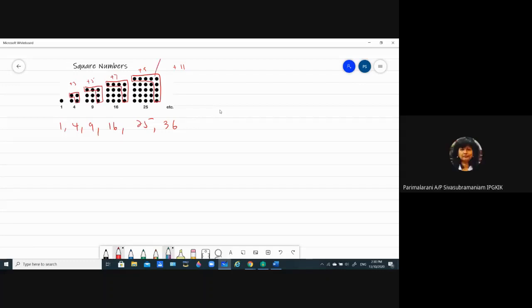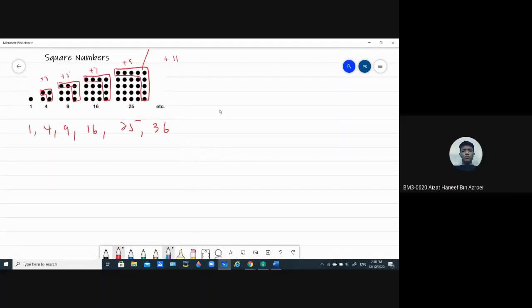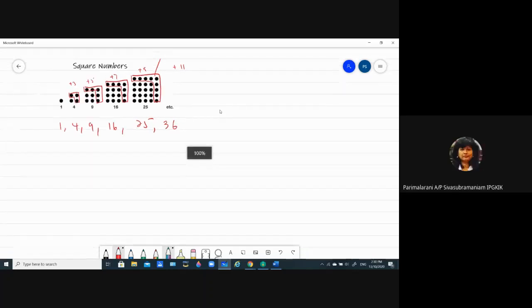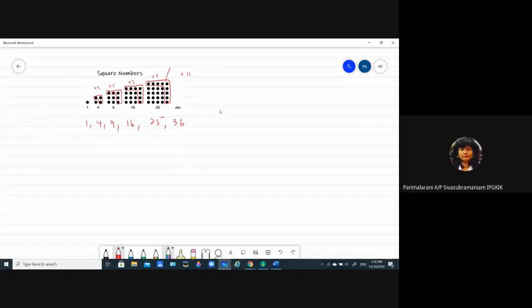So what do you call this? Odd numbers. Okay, what do you call this piece here? Gnomon, it's called gnomon. Every piece that we add to the previous number is called a gnomon.